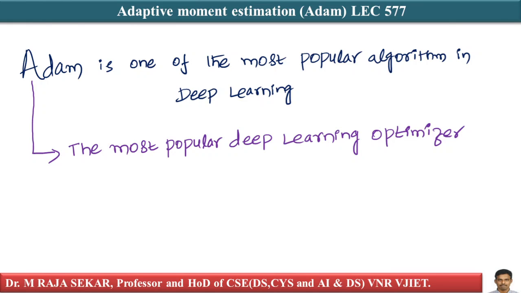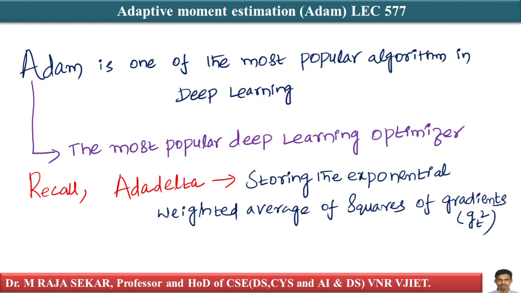If you recall our AdaDelta, in AdaDelta you are storing the exponential weighted averages. We are storing the exponential weighted average of squares of gradients. This is GT squares, isn't it?